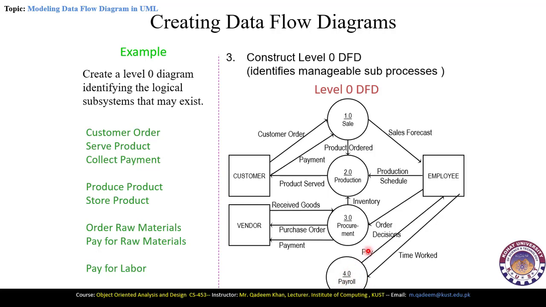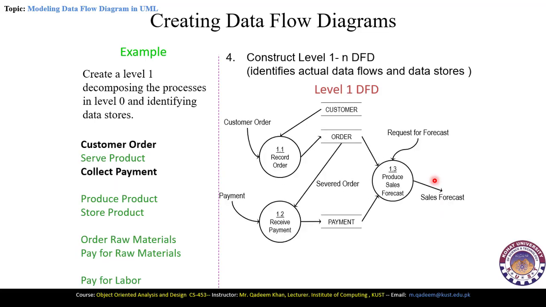Payroll will be only used by the employees to create the pay. So when the employee provides the time workload, the pay will be provided to the employee according to that workload. So this is the level 0 DFD, which is in fact in more detail.